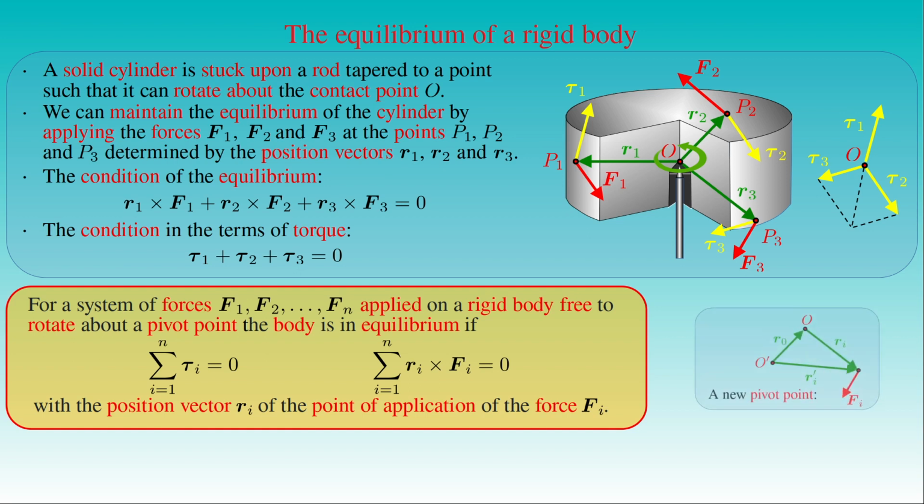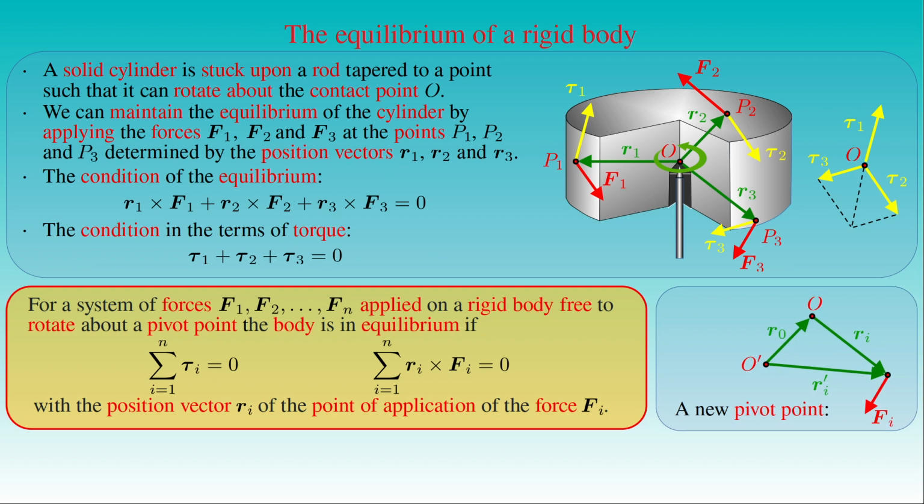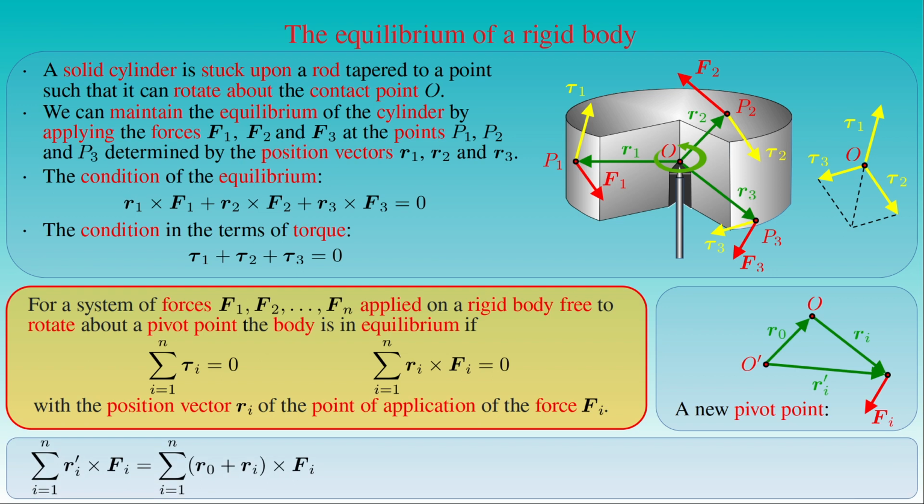However, we can also choose an arbitrary reference point O' in the body, and write the torque τi in terms of the position vector R'i with respect to the new reference point, for all i from 1 to n. Then we can write the vector sum in the condition as the sum of the cross products of the position vectors R'i and the forces Fi from i equals 1 to n, where each vector R'i can be written as the vector sum of the vector R0 and the original position vector Ri.